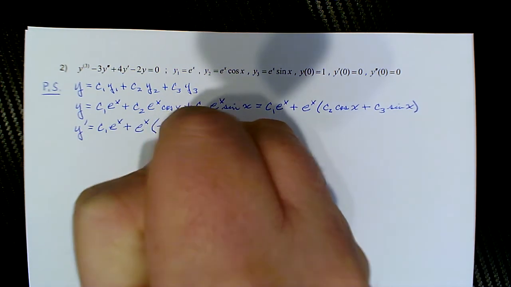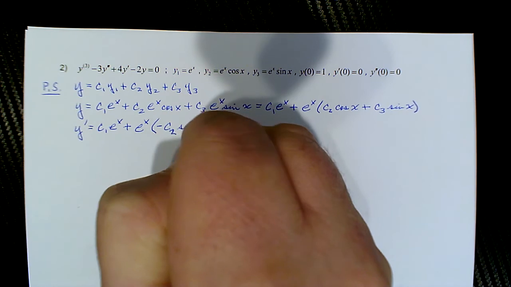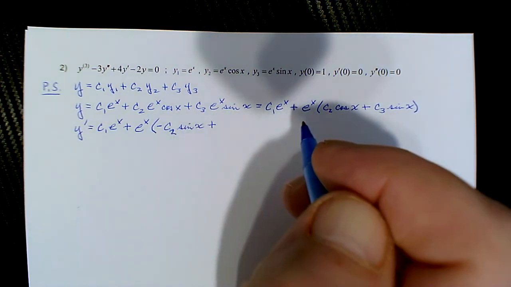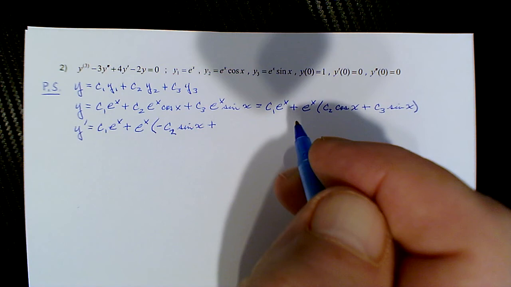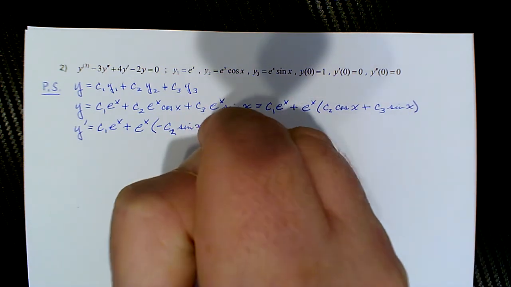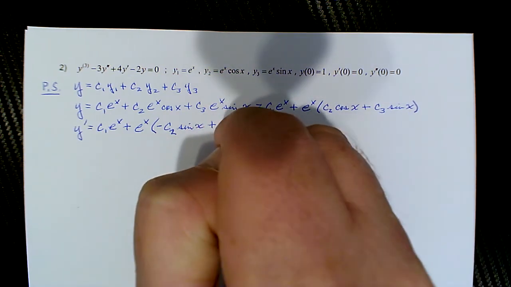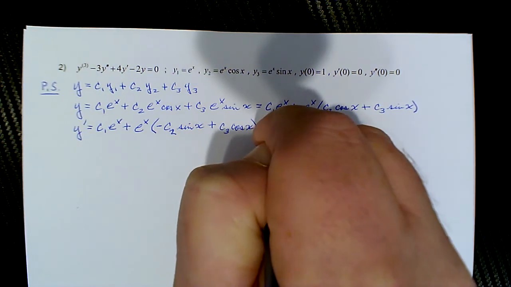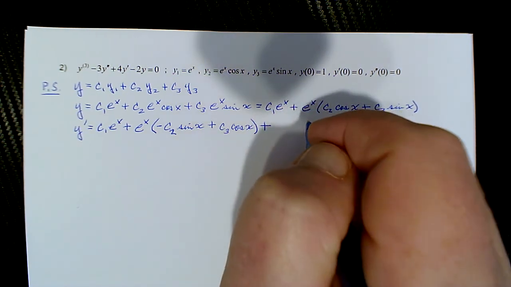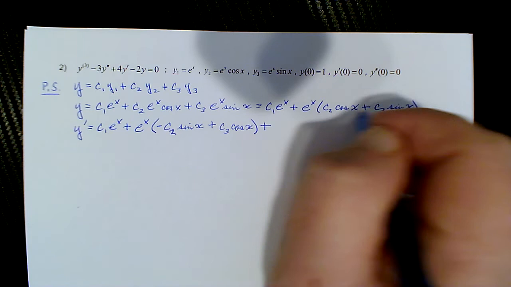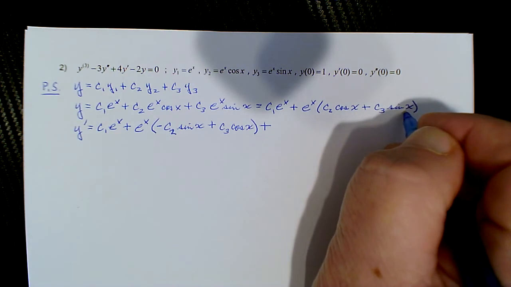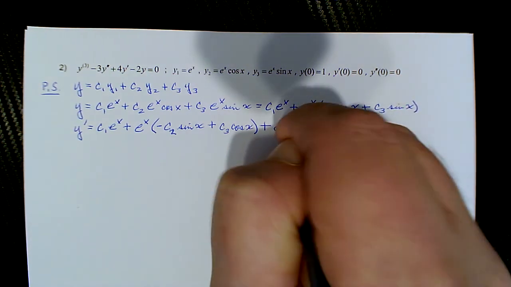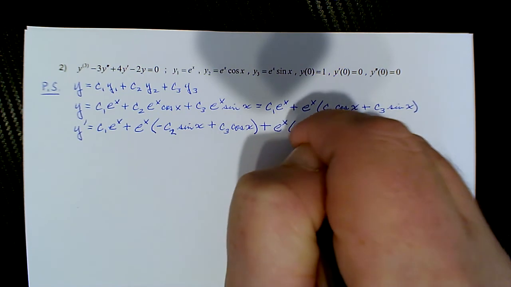We should really think the derivative of the argument x, but that's just 1, so not necessary in this case. And then plus c3 times the derivative of sine x, cosine x. And then by the product rule plus the second factor, so just recopy what's in parentheses, times the derivative of e to the x, which is just e to the x.